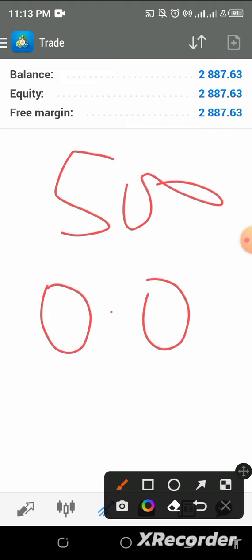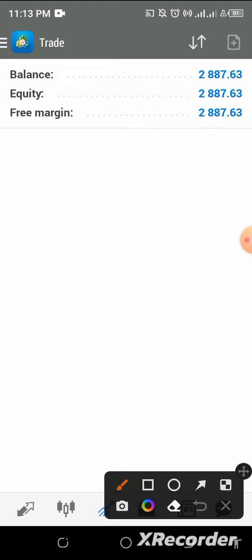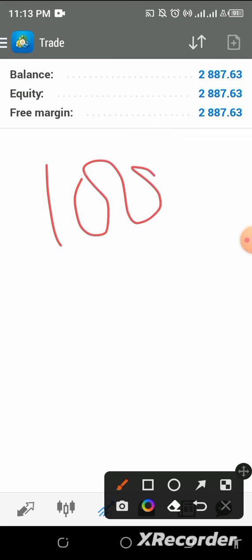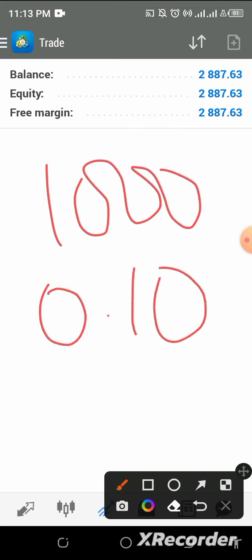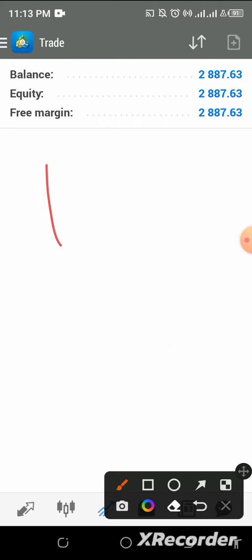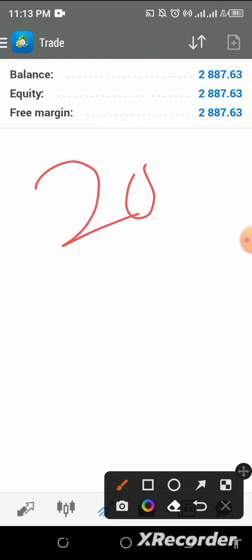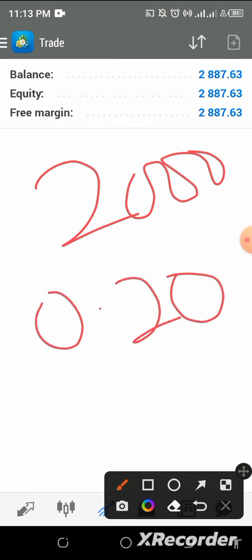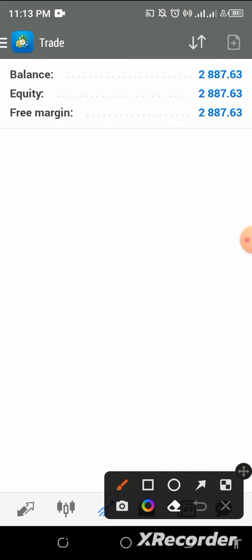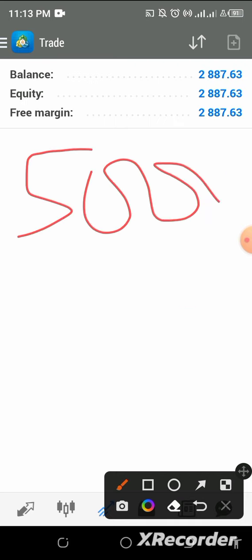On a $1,000 account, 0.10. On a $2,000 account, 0.20. Then on a $5,000 account, it is 0.50.